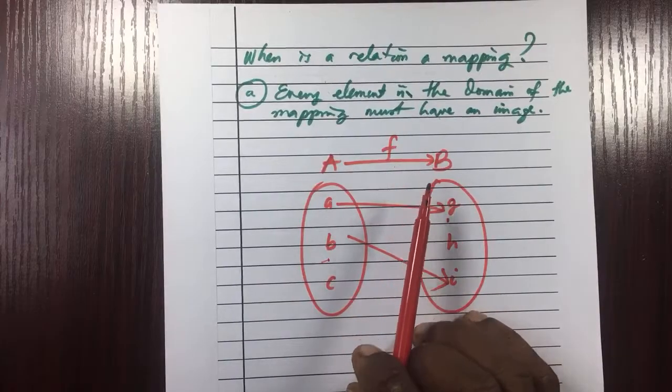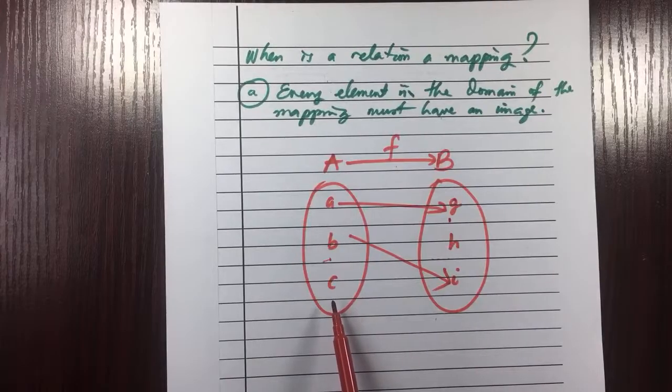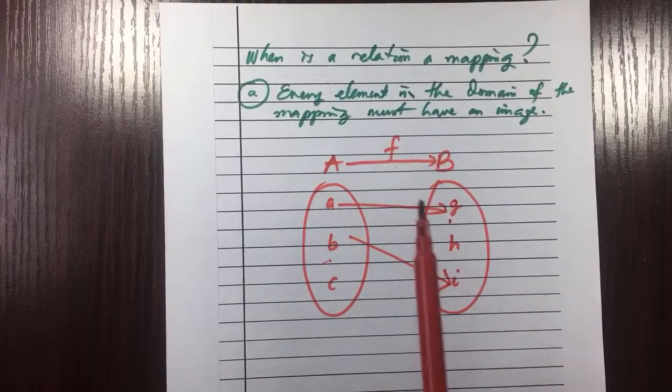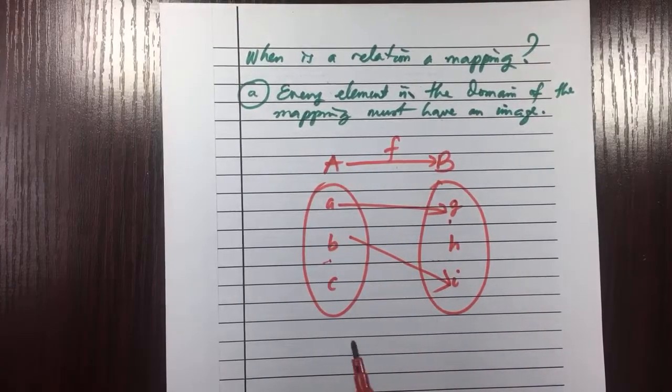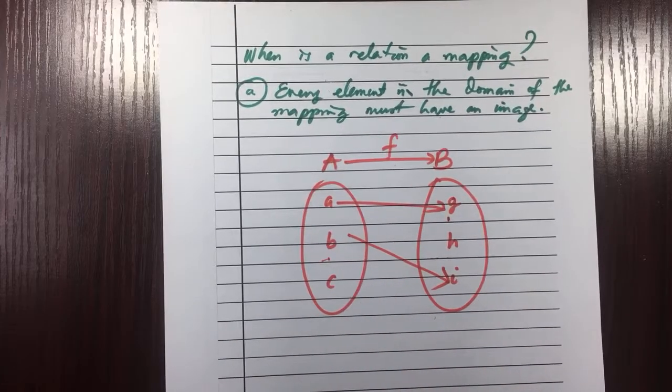The answer is a big no. And why is that so? There is an element C in A that has no image. The condition says for a relation to be a mapping, every element in A, the domain, must have images in B. Now you will notice that C has no image.